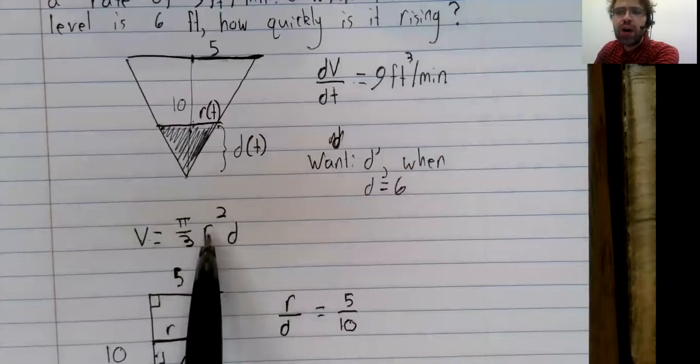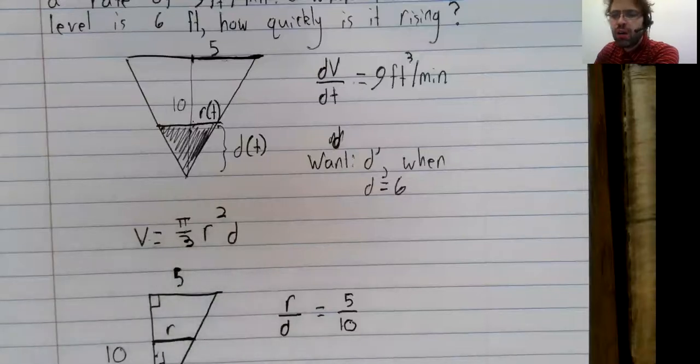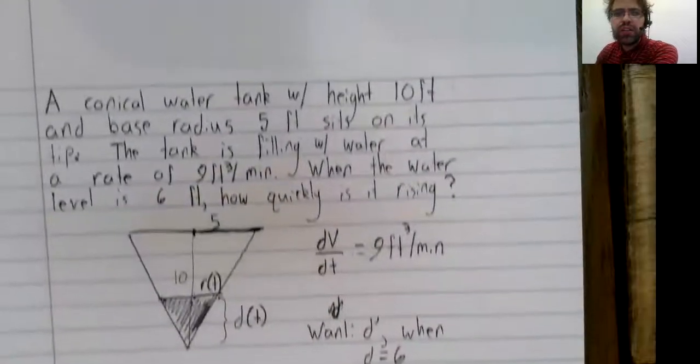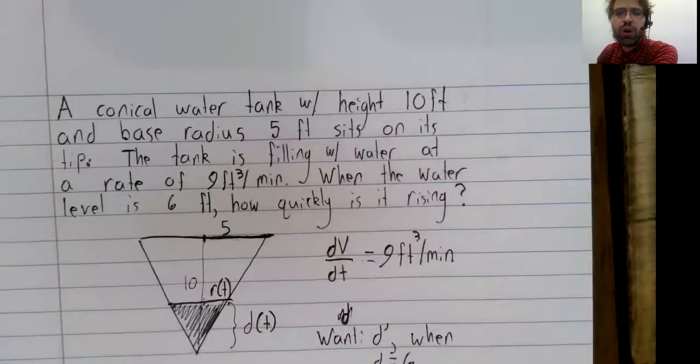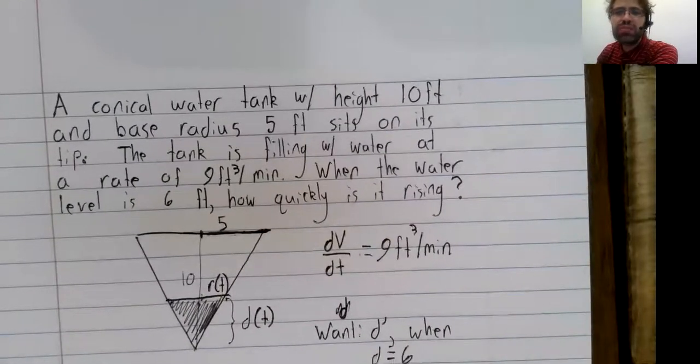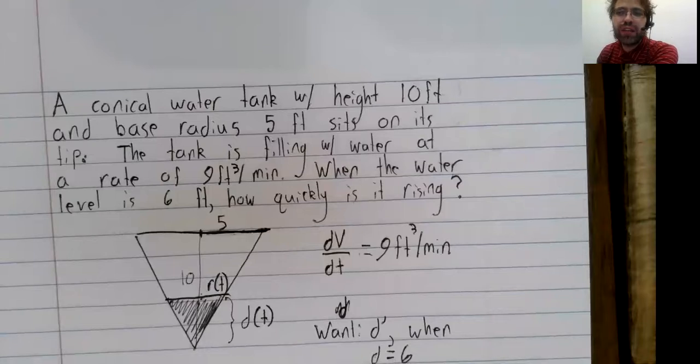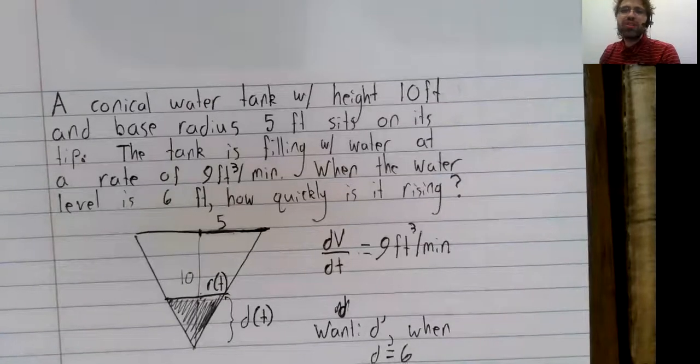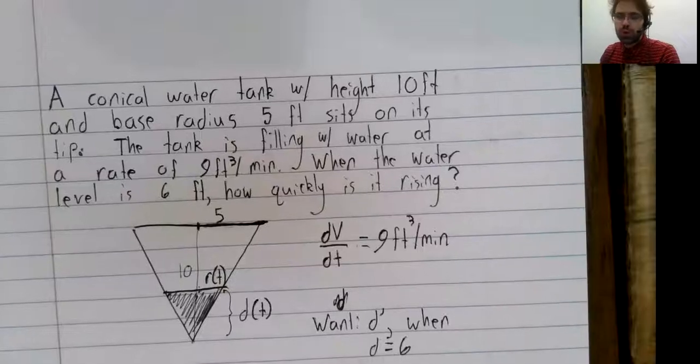Because this R was in the way. Because R is a function of t, and if we performed implicit differentiation, we'd get the derivative of R, and nothing in this problem helps us find the derivative of R. So that would just make the problem worse.